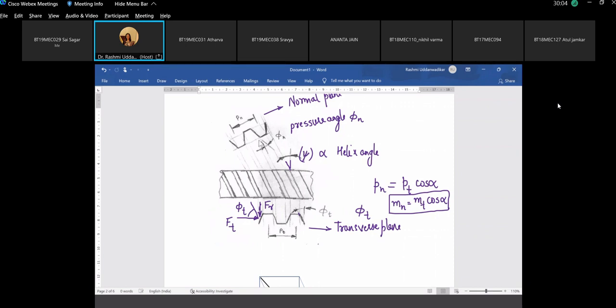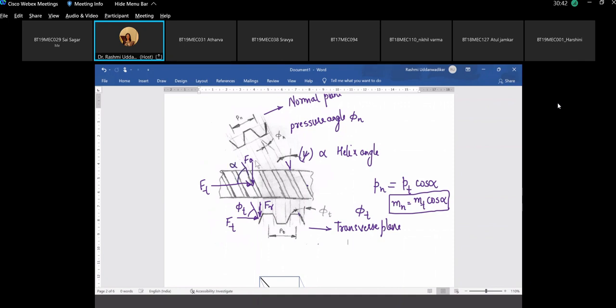Now because of this particular orientation, here there are two more forces. The same thing if I can represent here, this is my Ft, and at the same point there is a component of axial force coming into picture, Fa. Such that this angle which their resultant is making with Ft, this is alpha.